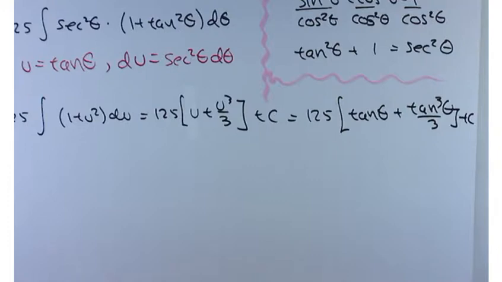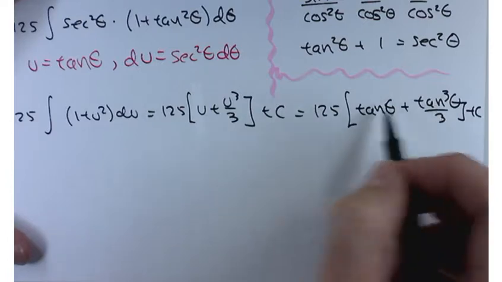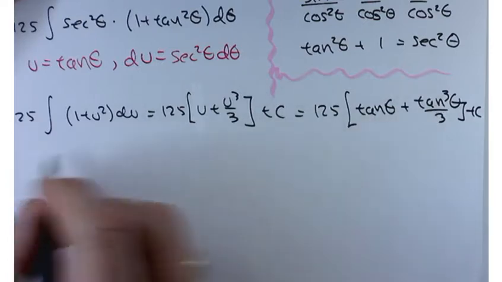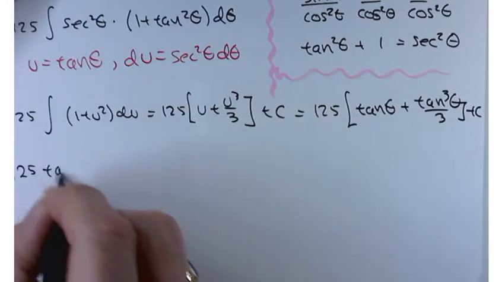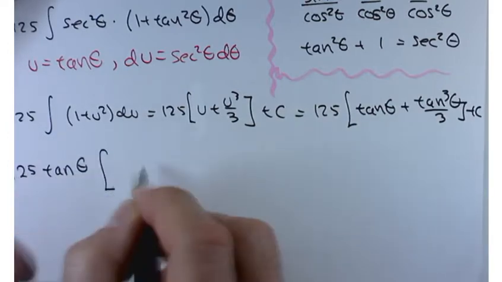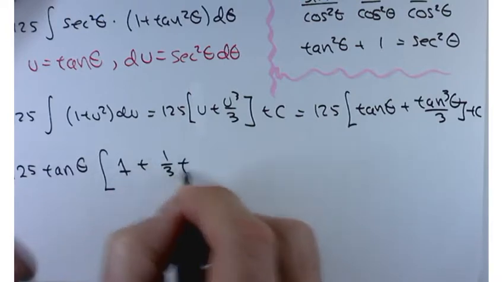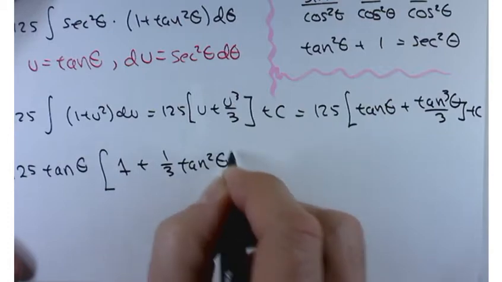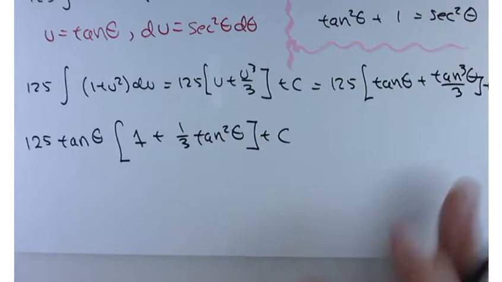Now, I can kind of see what's going to happen here, so let's factor out one of these tangent of thetas. In addition to the 125 I have out front, I'm going to factor out a tangent of theta. That's going to leave behind 1 plus 1/3 tangent squared of theta. Just looking ahead to something that I see might help us out.